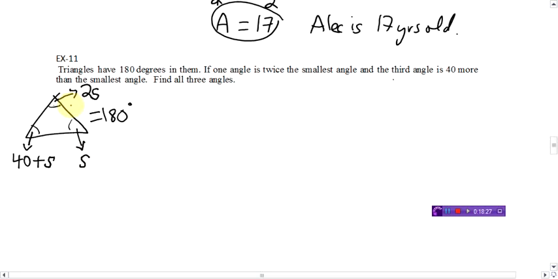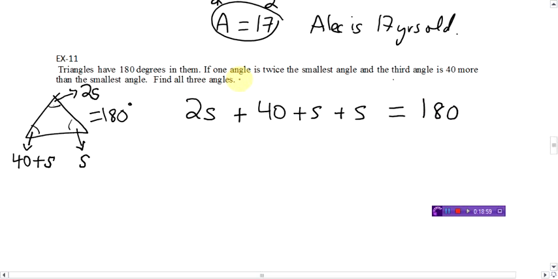So what we're saying is this and this and this is equal to 180 degrees. That's what the question told us at the start. So let's do this. 2S plus this angle here, 40 plus S, and this, the smallest angle, which we just know is S. All those angles together add to 180.